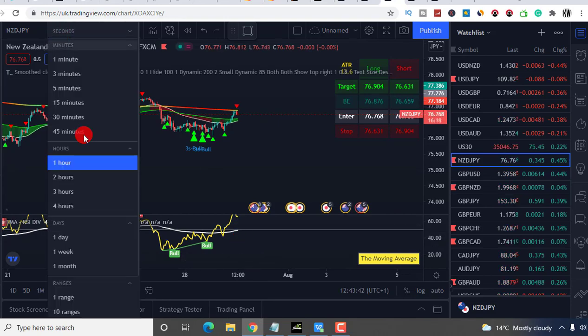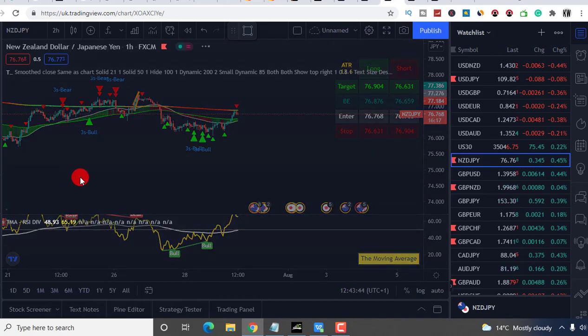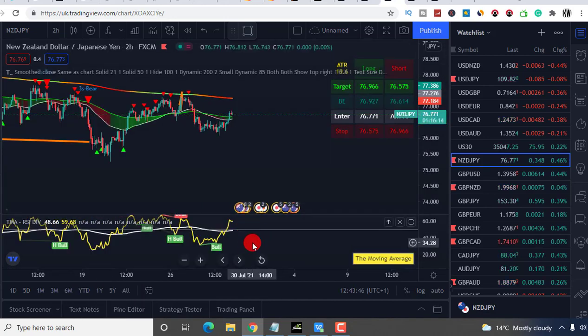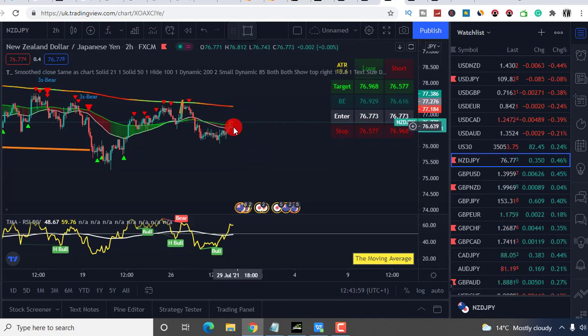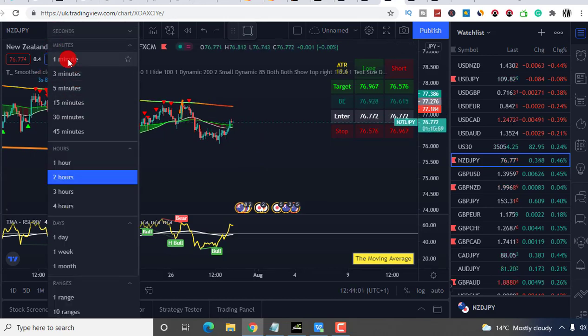If I go to 2 hours, we have a hidden bullish over here, so we can buy here and then aim for, let's say, go to 1 minute.